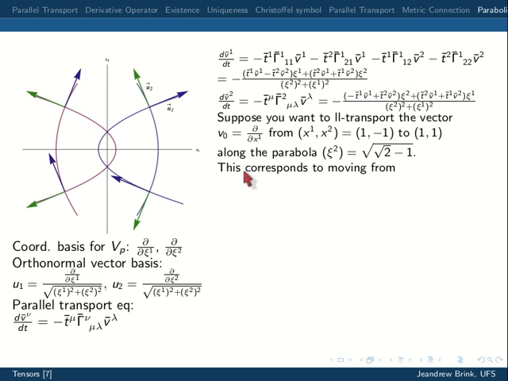What this corresponds to is moving from the point x_0^1, x_0^2, to basically the final endpoint where you have switched the coordinates. So we're literally going from this point to that point along a parabola, and the parabola is simply given as this value, and it corresponds to these coordinates in our transformed coordinate system.